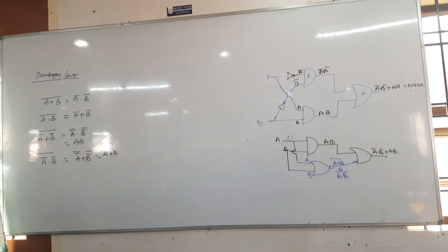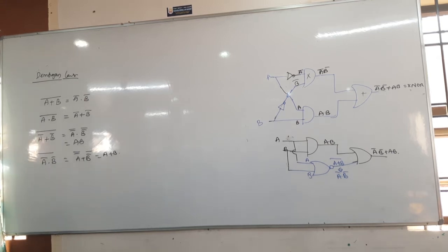Next, NAND and NOR gates are universal logic gates. What is the reason why I said that? How can you say like that? By using NAND and NOR gates, we can make the other gates.